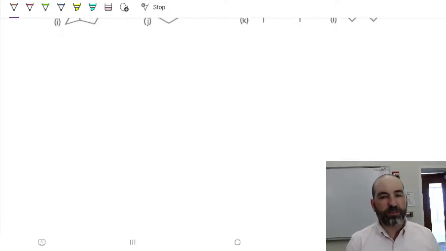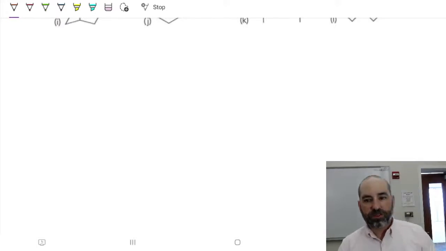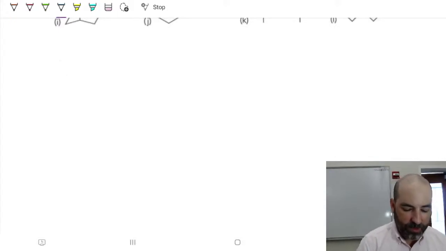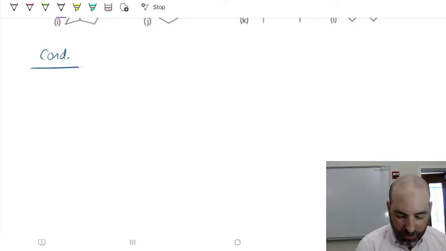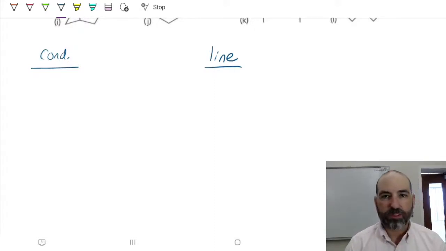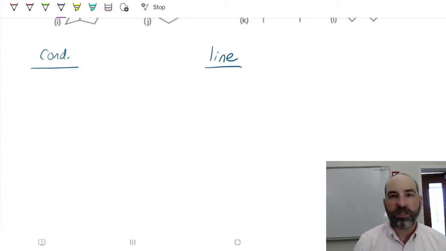Okay, so where do these things come from? Well, to figure that out, let's look at some molecules that we know, look at the condensed structures, the Lewis structures, and the line structures, and see if we can start to see some similarities. All right, so let's start with one of the molecules we looked at yesterday, C3H8.